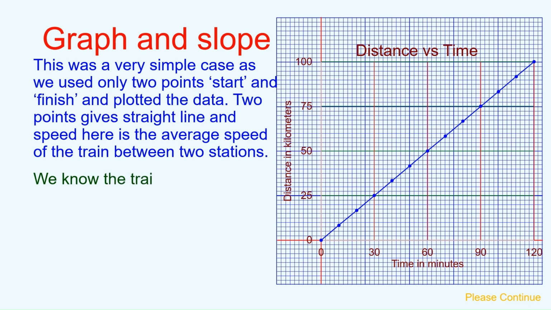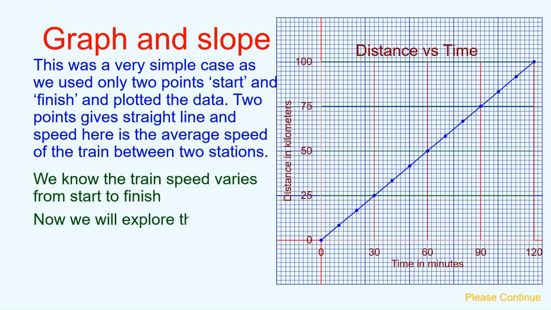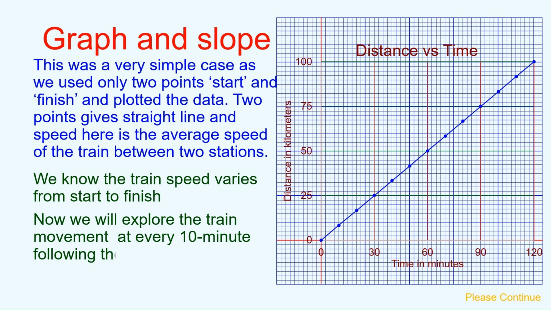We know the train speed varies from start to finish. Now, we will explore the train movement at every 10 minutes, following the milestones placed alongside the tracks.